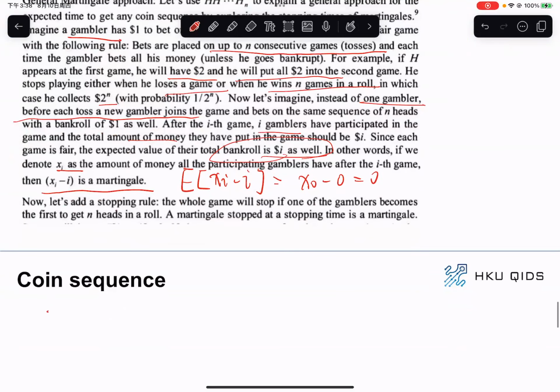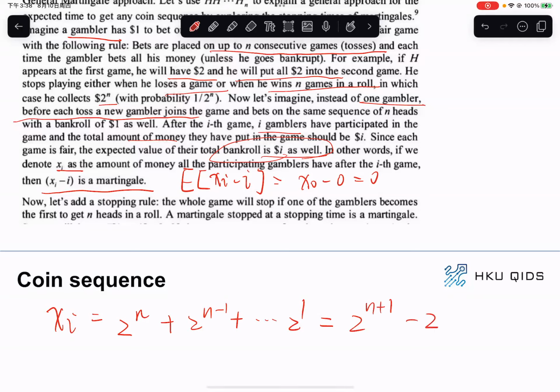We know that Xi, the total money put into these places, is just 2^n plus 2^(n-1) plus all the way to 2, which is just 2^(n+1) minus 2.